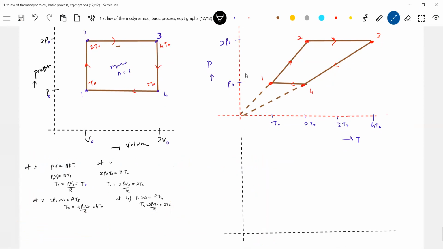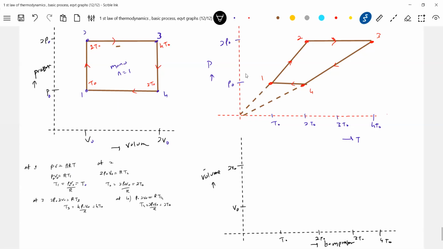It's left to you. On the y-axis, I'm taking volume. This is temperature. Now, what are the volumes? V0 and 2V0. Temperature as usual: T0, 2T0, 3T0, 4T0.